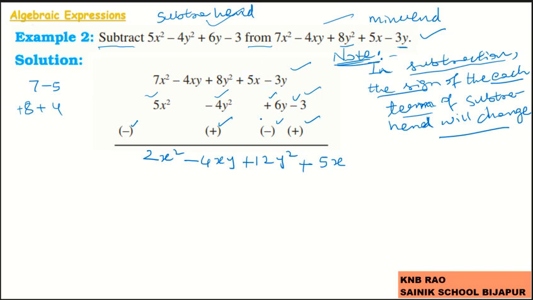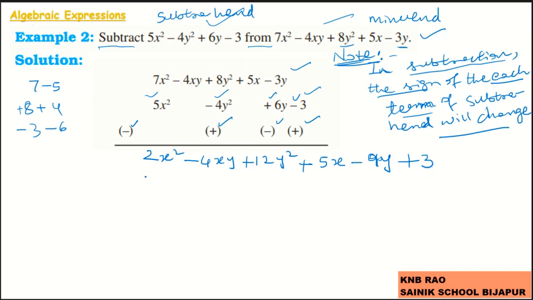Now minus 3 and minus 6 results in minus 9 with the variable y, minus 9y. And minus 3 is there in the subtrahend, now it becomes plus 3, so it comes with that same plus 3 in the result.